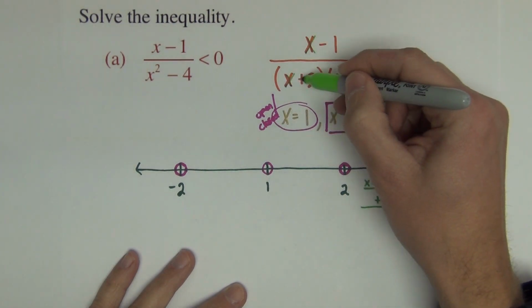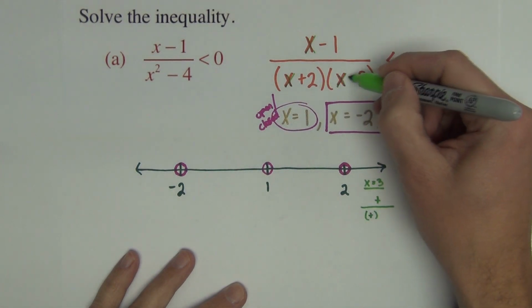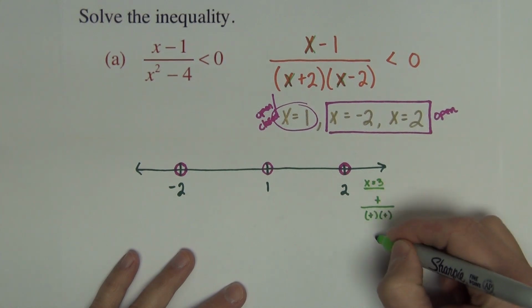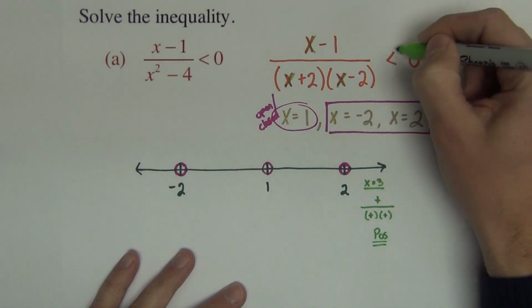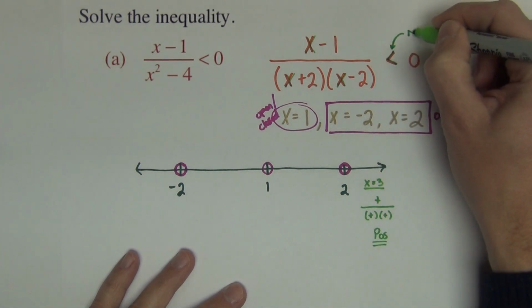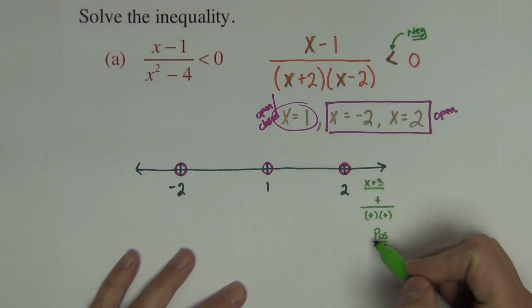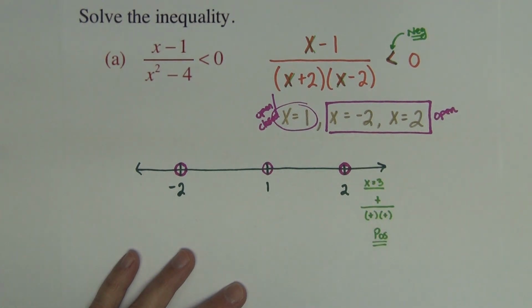In this parenthesis, 3 plus 2 is a positive number. And in this parenthesis, 3 minus 2 is a positive number. 3 positive numbers make a positive number. I want numbers that are less than 0, and less than 0 numbers are negative. I got positive, so therefore I don't want this area of the number line.